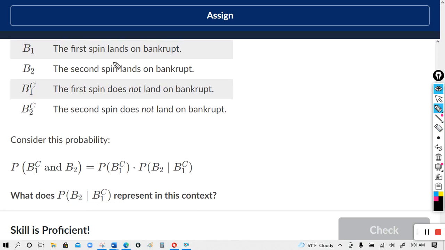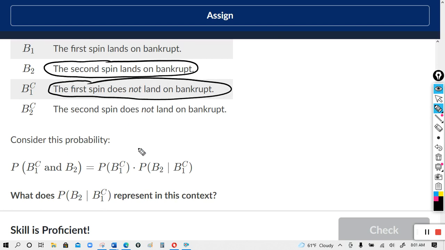B2 is the second spin lands on bankrupt, and B1C is the first spin does not land on bankrupt. That means the probability that the second spin lands on bankrupt, given that the first spin does not land on bankrupt. This slash here means given, or given that.